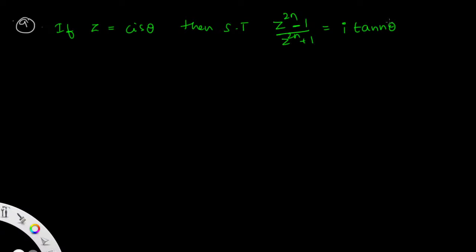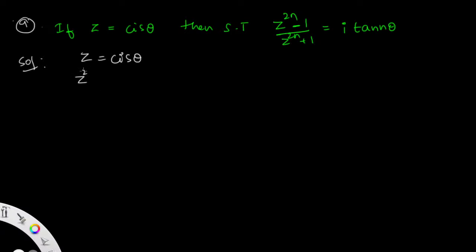Just given that z equal to cis theta, so substitute in numerator and denominator, then simplify it, then the value is i tan n theta. So first write z equal to, then write z power 2n equal to, and simplify one by one.